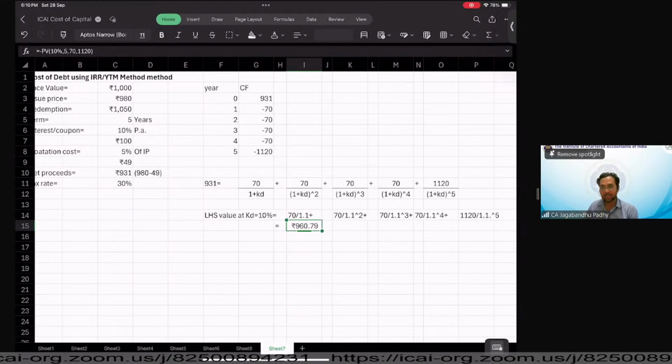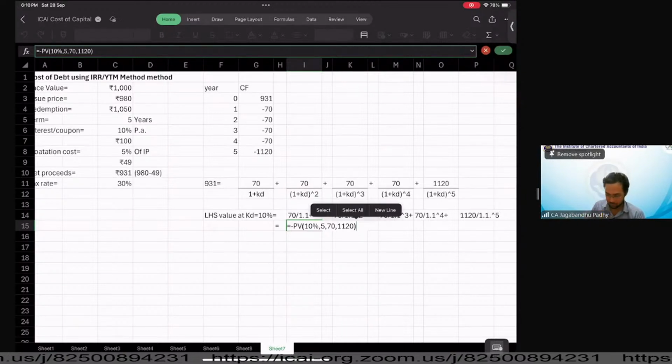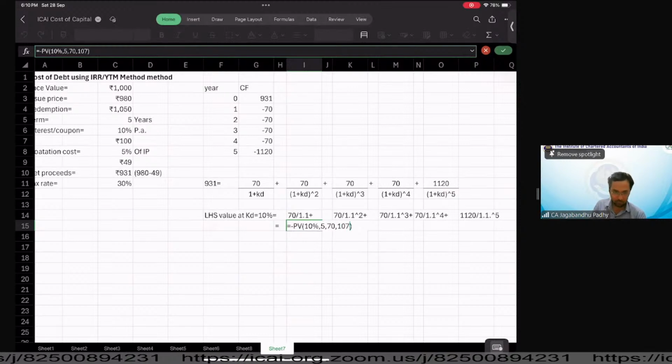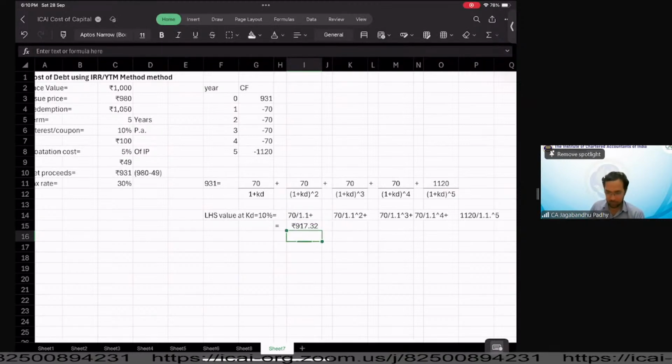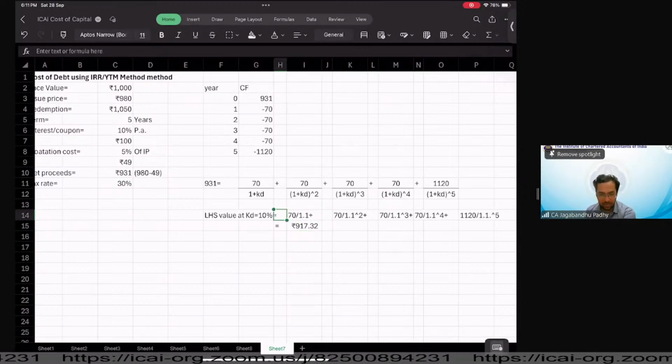Is it coming out to be 960 somewhat? Is it 917.528, everyone? LHS value at 10%. Is it 917.38?